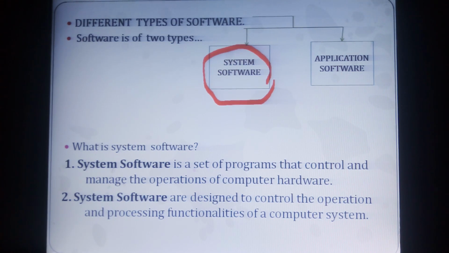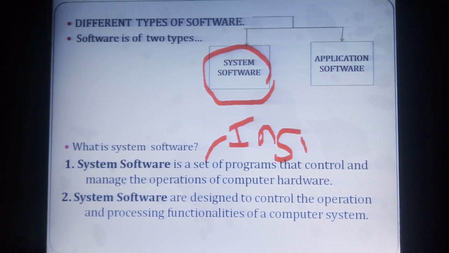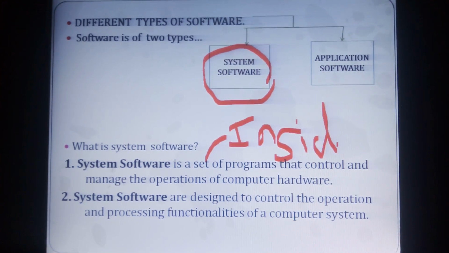System software is a set of programs that control and manage the operation of computer hardware. System software is always working inside of the computer.